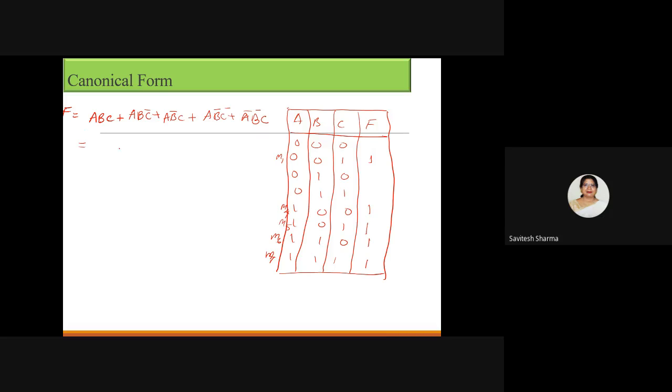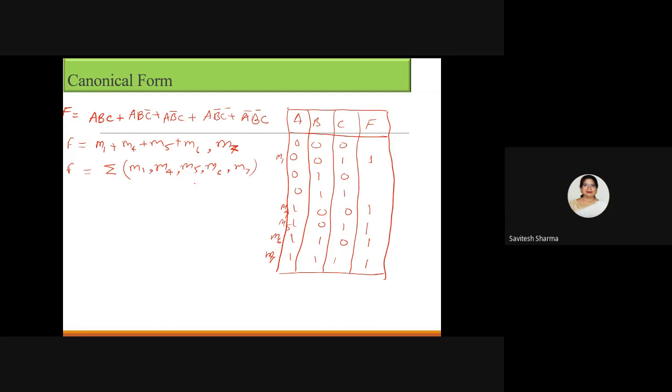So what min terms are present in this function? m1, m4, m5, m6, m7. Okay, so this is one way to write the min terms, or you can write m1, comma m4, comma m5, comma m6.